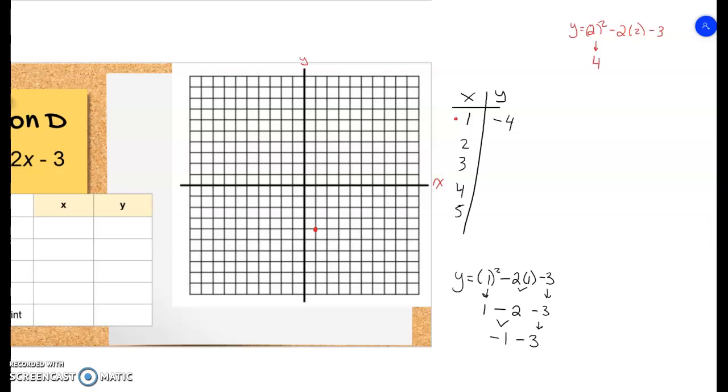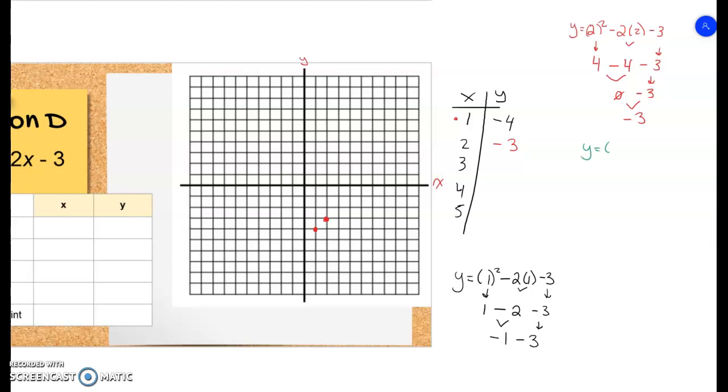Well, 2 squared is 4, and a negative times a positive is a negative. 2 times 2 is also 4, and I'm going to bring down my 3. Remember, PEMDAS left to right, 4 minus 4 will give me 0, and if I subtract 3 from 0, I get a negative 3. So I'm going to have another dot at 2, negative 3. I can't really tell if it's going to curve down or if it's going to curve up, but let's keep trying some more.